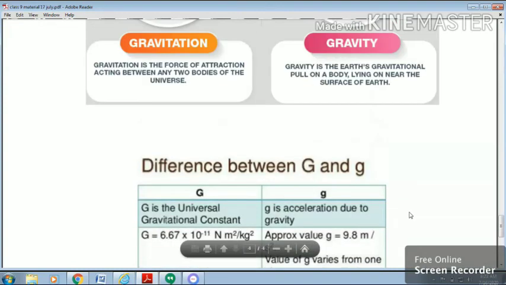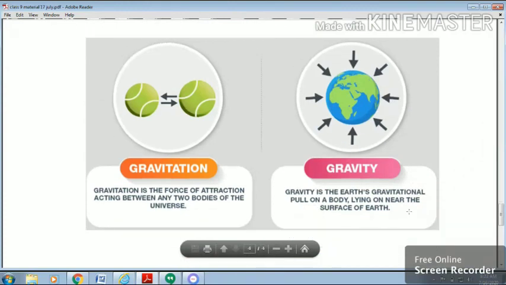Hence small g and capital G have their own values and units. Don't mix them up. Universal gravitational constant is used for the force of attraction acting between any two bodies of the universe, and gravity is the earth's gravitational pull on a body lying near the surface of the earth. Thank you.